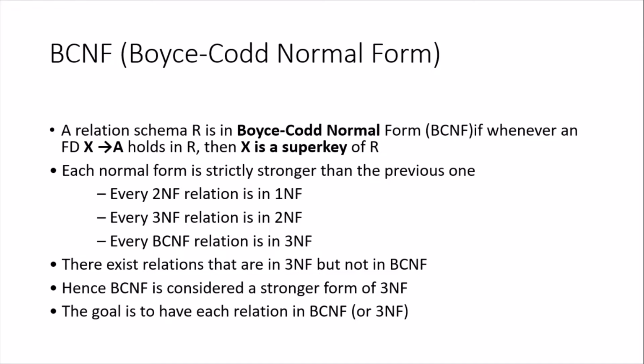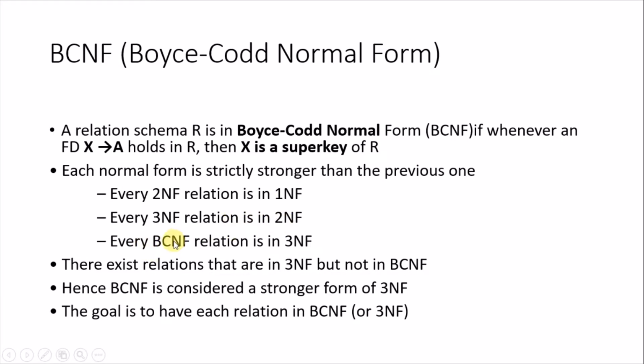There exist relations that are in 3NF but not in BCNF, because BCNF is a stronger form of 3NF. Our goal is to have each relation in BCNF or 3NF.